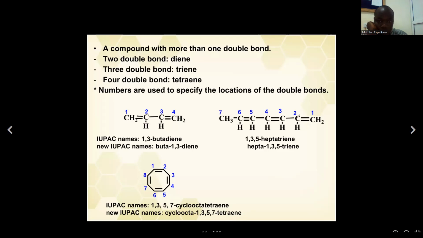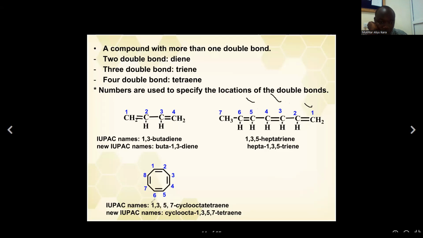Like for example, if we have 1, 2, 3, 4, 5, 6, 7. So you see we have a double bond at carbon 1 here, and we also have a double bond at carbon 3 here, and we also have it at carbon 4. So that is why we have 1,3,5-heptatriene, because they are 3.